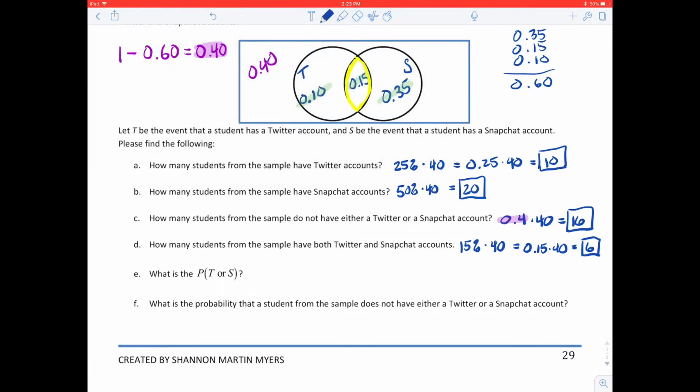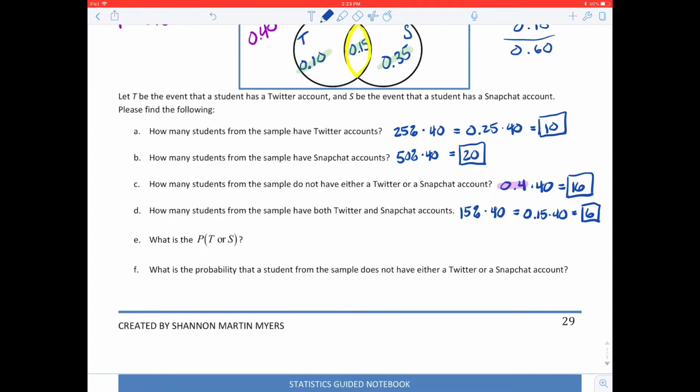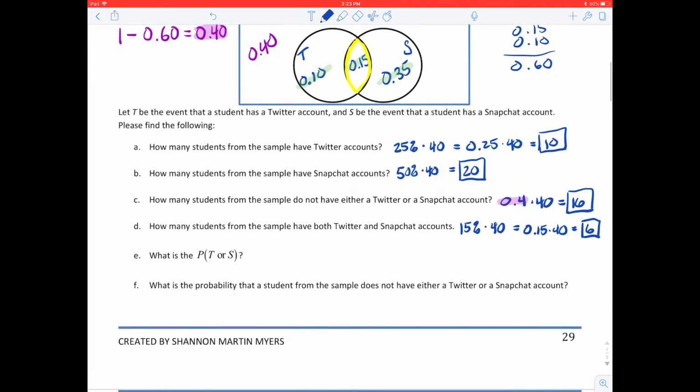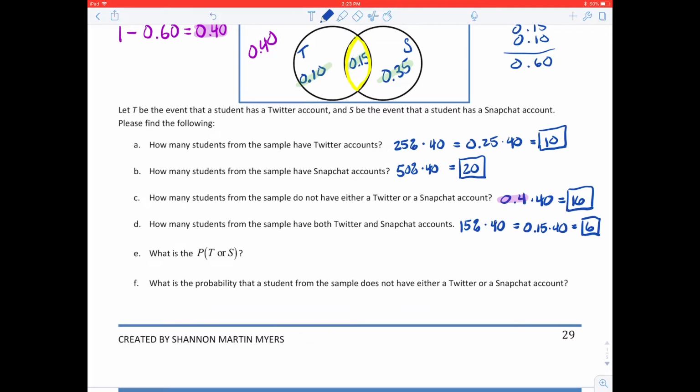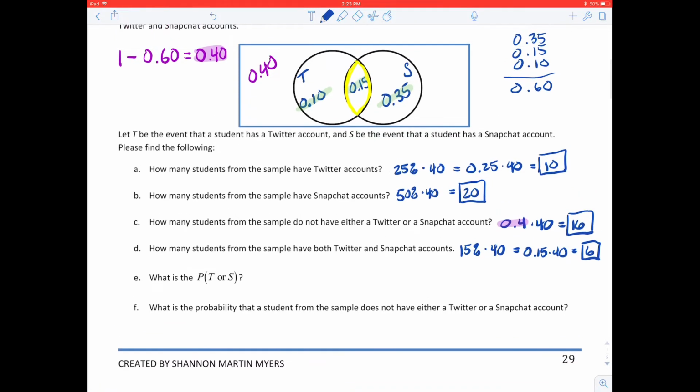So here you can have a Twitter or a Snapchat, and with that one, remember we figured that out actually before when we were looking at how to find the probability that a student didn't have either.